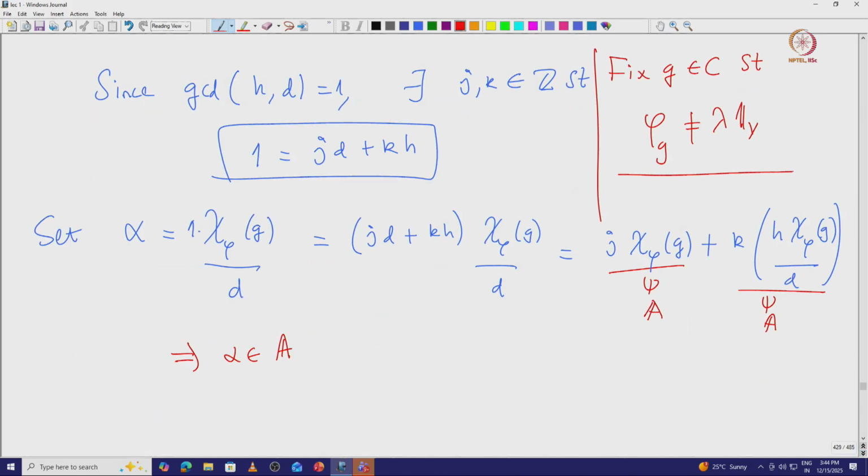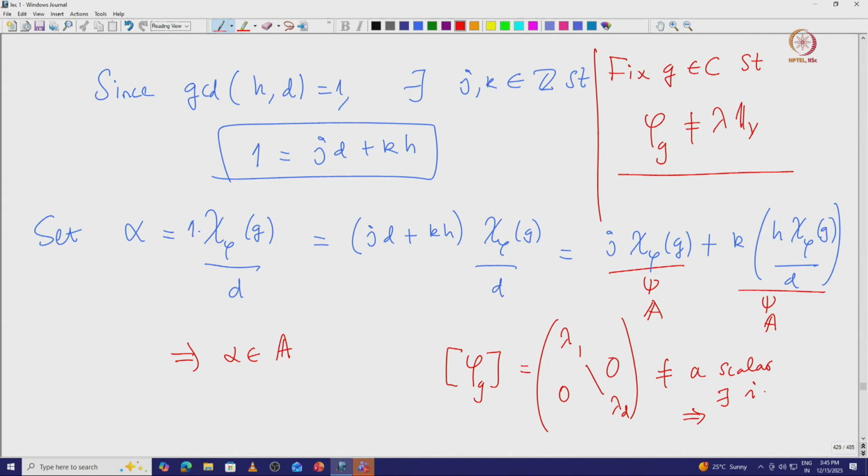Since we have assumed that phi g is not a scalar matrix, that immediately implies that all the eigenvalues of phi g are not the same. With respect to some basis, the matrix of phi g looks like lambda 1 up to lambda d on the diagonal. Since this is not a scalar, not all lambdas are equal. So there exist some i not equal to j such that lambda i is different from lambda j.